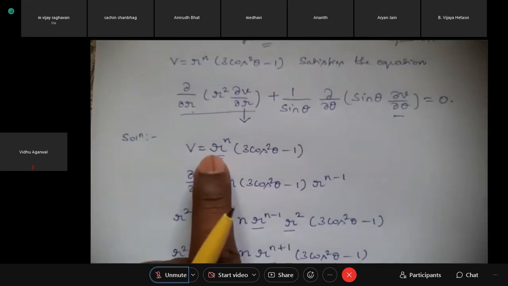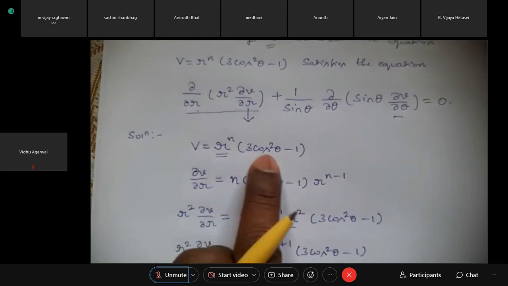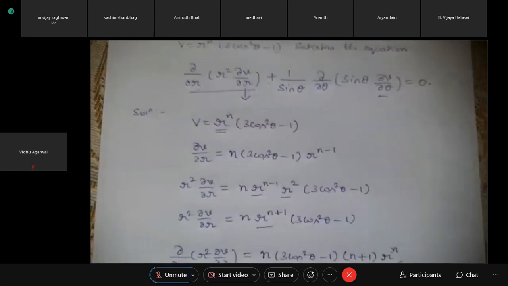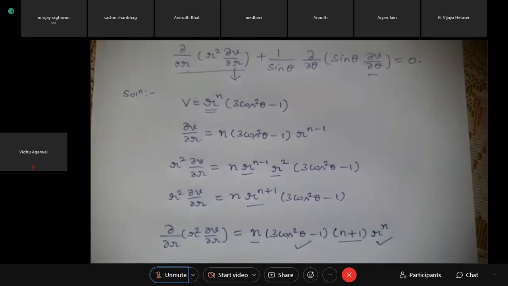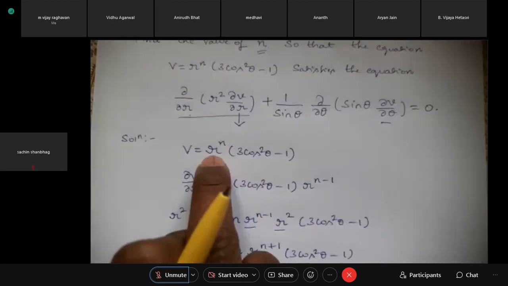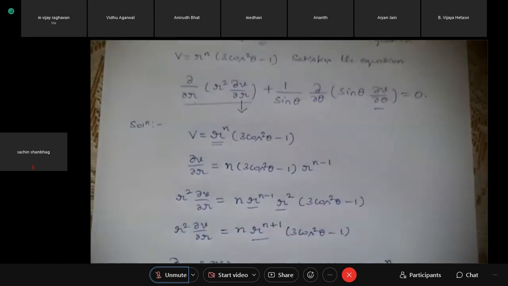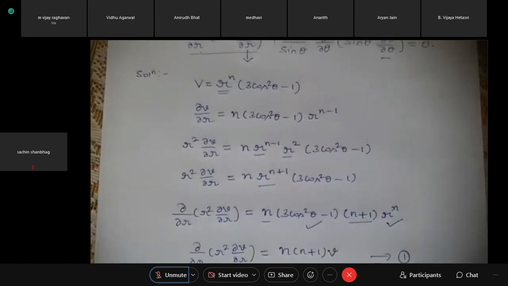Just observe here. You have r power n and 3 cos square theta minus 1. Which term can be treated as constant in these? R power n. Okay. What is the differentiation of 3 cos square theta minus 1 with respect to theta?